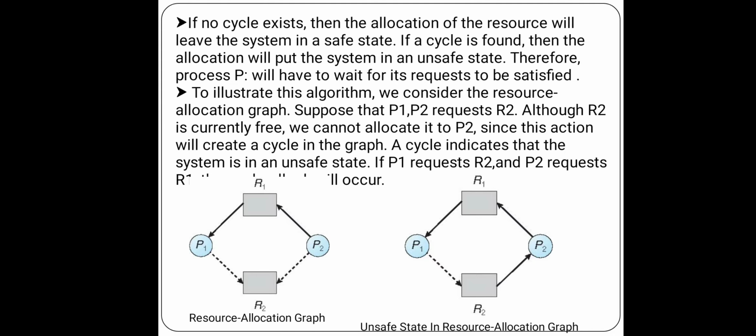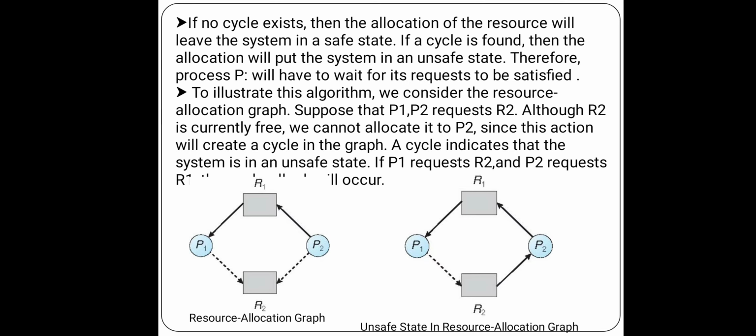Dotted lines represent claim edges, which means they are requesting the resource in the near future. Whenever it requests, the claim edges are automatically converted into request edges. So P1 and P2 both are requesting R2. If you allocate R2 to P2, it forms a cycle.